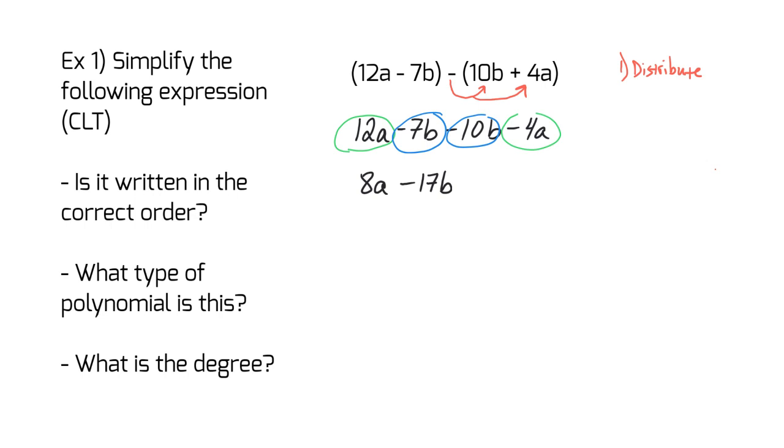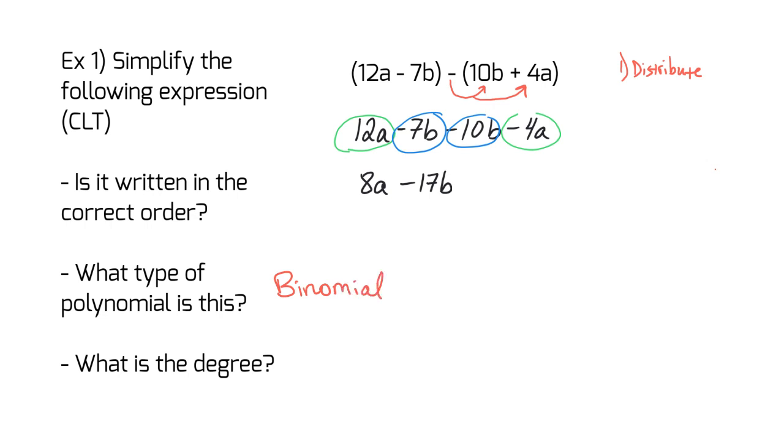I then check that they are in the right order. It should be alphabetical, which it is. The A is first, the B is second. I don't have to worry about exponents because both of them have an exponent of 1. So what type of polynomial is this? Well, it's simplified. There are 2 terms, so this is a binomial. What degree is this binomial?